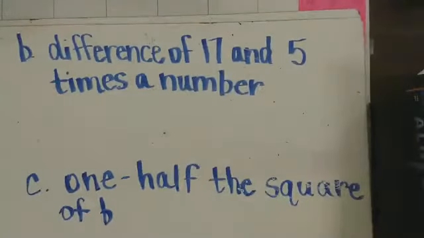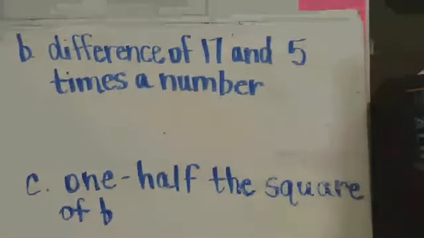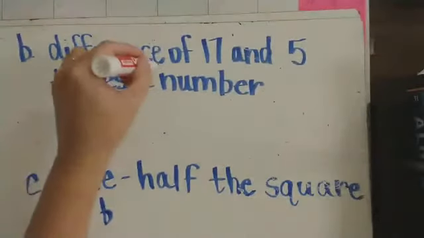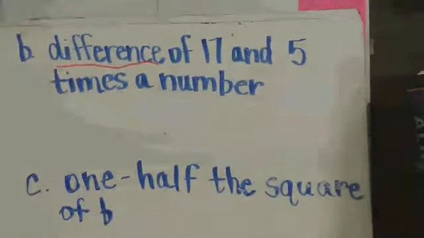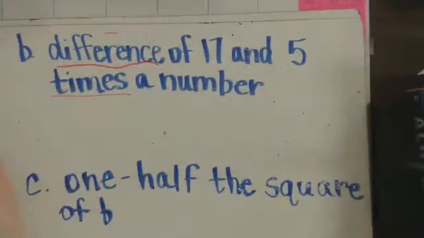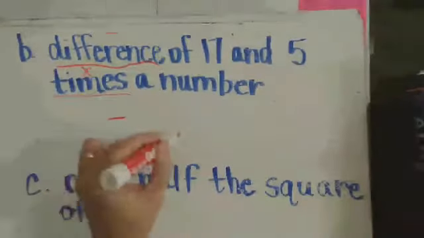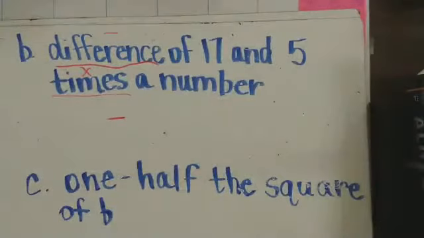Now let's look at 2b. The difference of 17 and 5 times a number. If you pick out the operation words, we have difference, which means subtraction, and we have times, which means multiplication. So we're going to have the difference of 2 different terms.